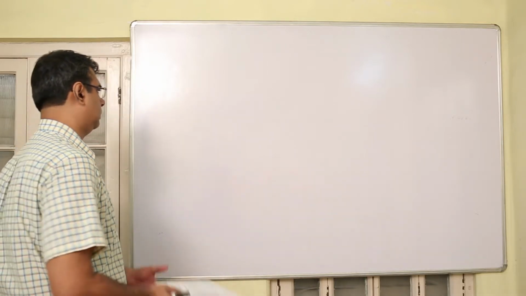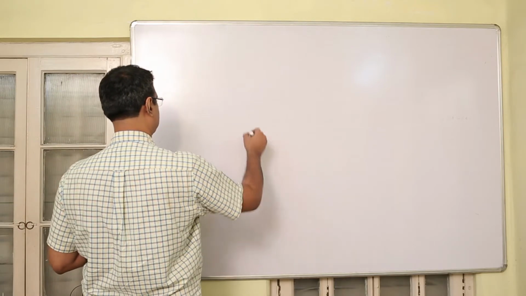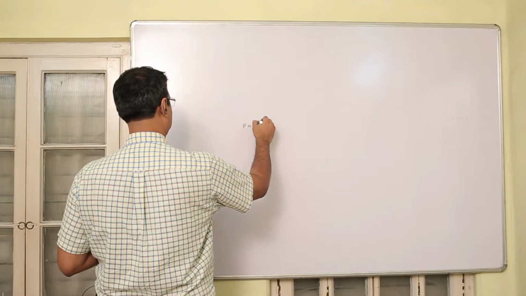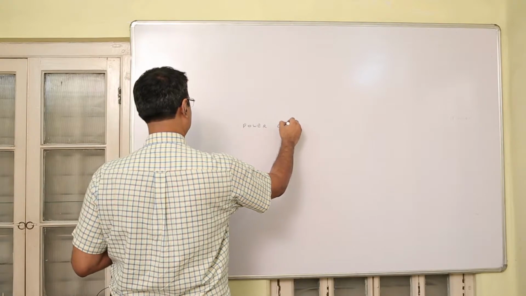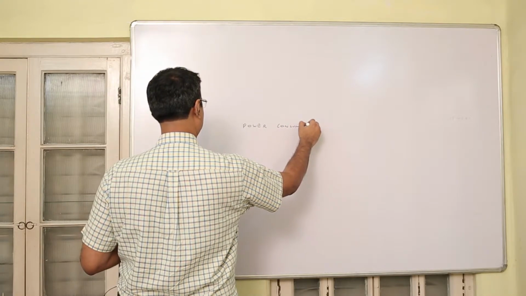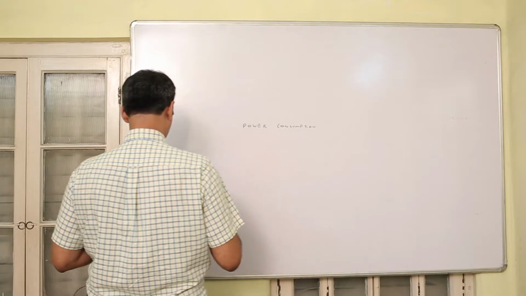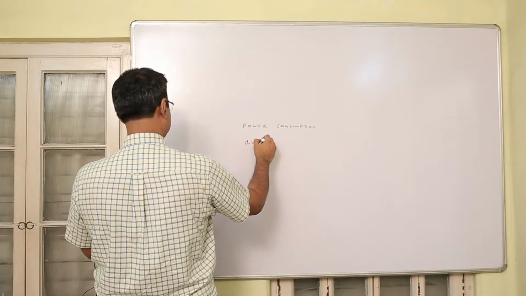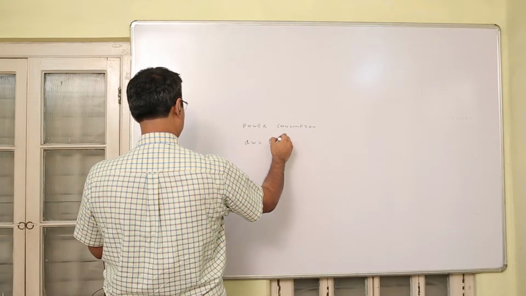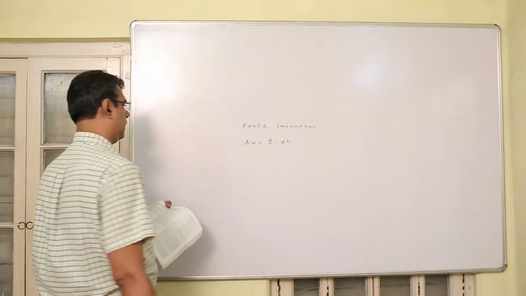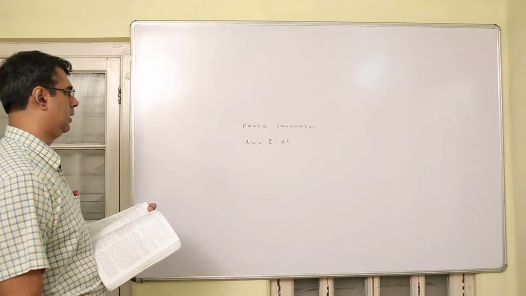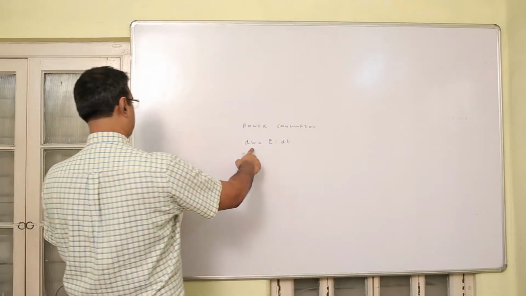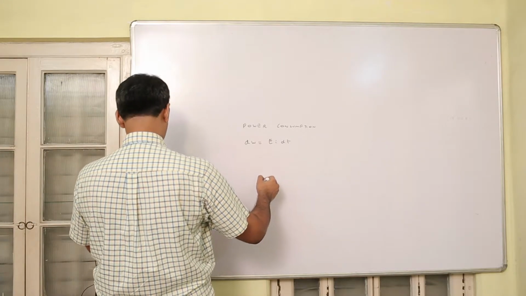Now we come to power consumption in AC circuits. Suppose you have an AC supply. So the work done by the supply in sending current in the circuit, dW, will be voltage into current into dt.